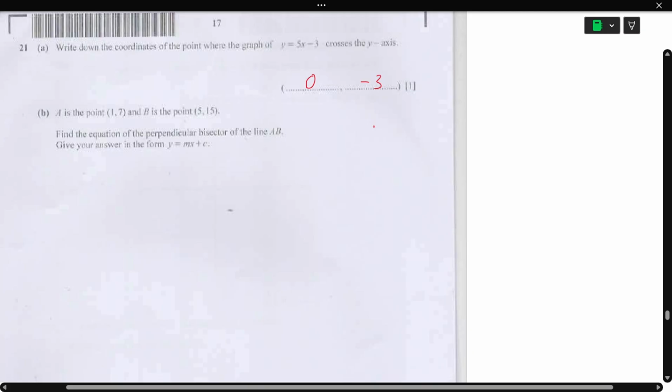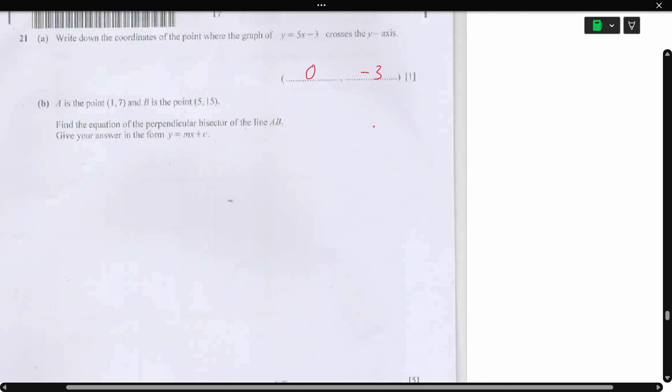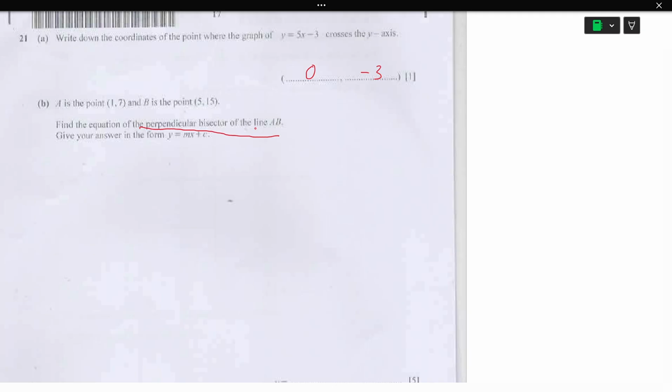Next, here point A is 1 comma 7, B is the point 5 comma 15. Find the equation of the perpendicular bisector of AB. First, we'll find the gradient of this line. Gradient m equals y2 minus y1, 15 minus 7 over 5 minus 1, which is 8 by 4, which is equal to 2.